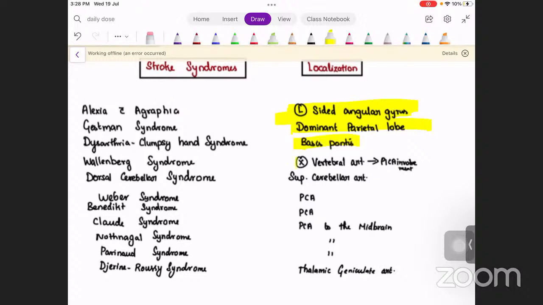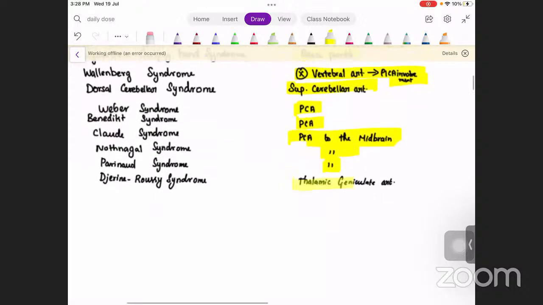Wallenberg syndrome: stroke of the vertebral artery, PICA involvement. Dorsal cerebellar syndrome: superior cerebellar artery. Weber syndrome, Benedikt syndrome, Claude syndrome: PCA to the midbrain. Nothnagel syndrome and Parinaud are also PCA to the midbrain, and Dejerine-Roussy syndrome is associated with the thalamogeniculate artery.